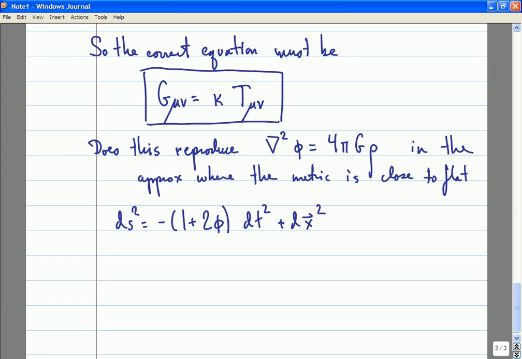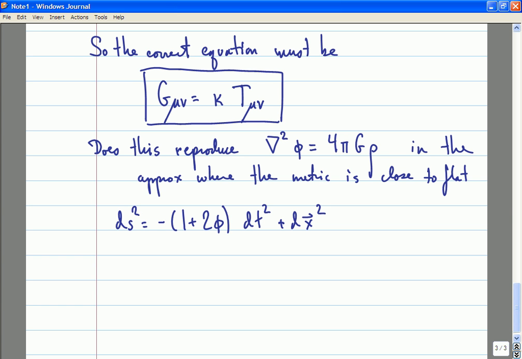And so our question is whether, if we just have some matter distribution given by some function rho of x, does the Einstein equation, G mu nu equals a constant times T mu nu, reproduce the usual familiar equation of motion of Newtonian gravity?